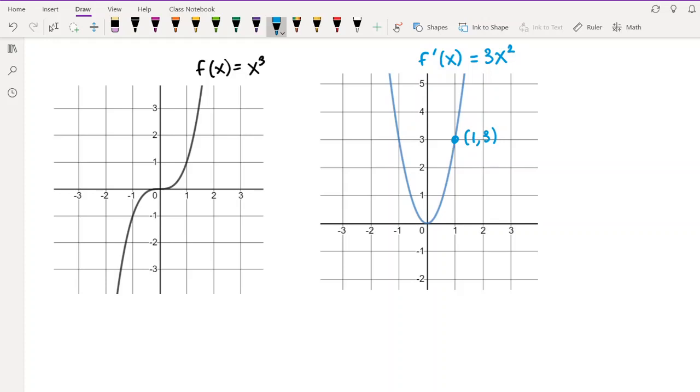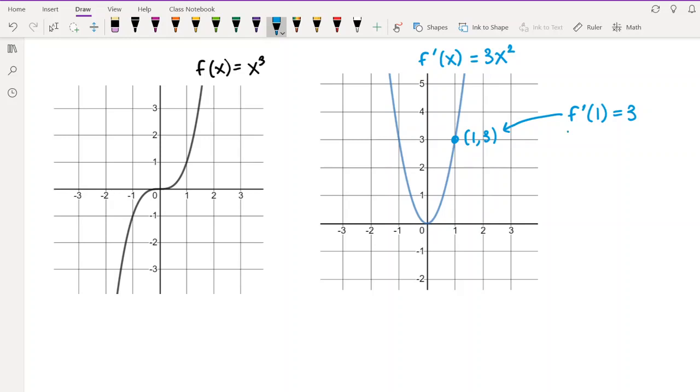Let me even write this down. Because the point (1, 3) is there, that means that f prime of 1 is equal to 3, right? Because that's how functions work. The x value is the input, the y value is the output. And so our function is f prime of x, so f prime of 1 is equal to 3.